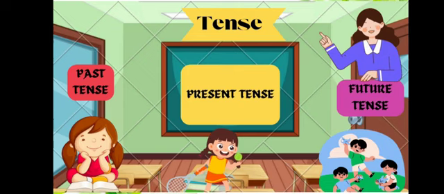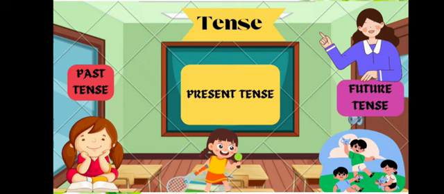So, what is past tense? If I may ask you what is present tense, now let's move on to our example. If I may ask you what you are doing at the present moment, you will say that I am watching your video, ma'am. So the things that you are doing at the present moment are called the present tense. If I may ask you, my dear students, what you were doing before watching my video, you might say I was eating or I was sleeping.